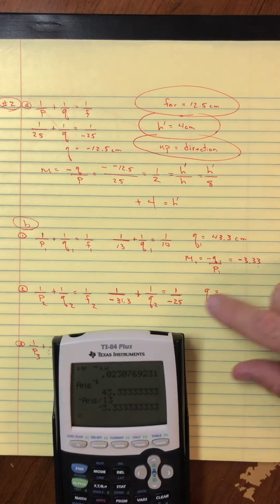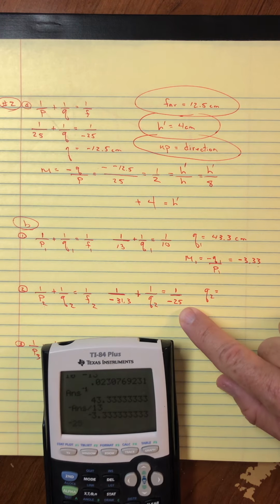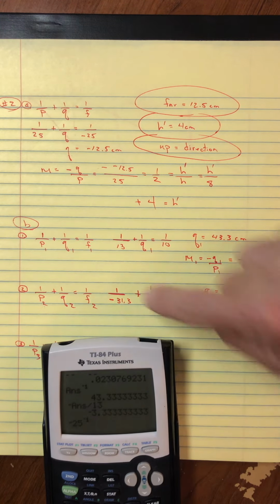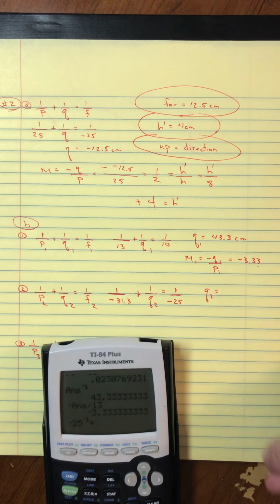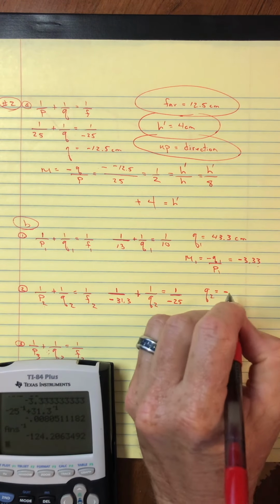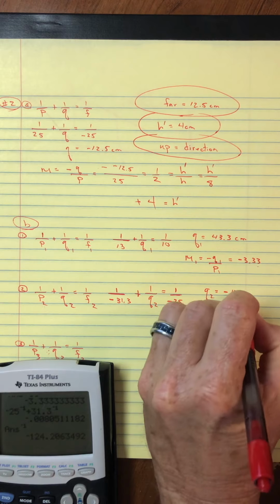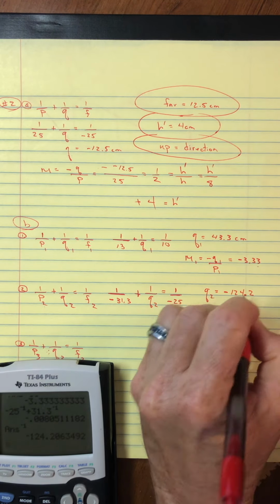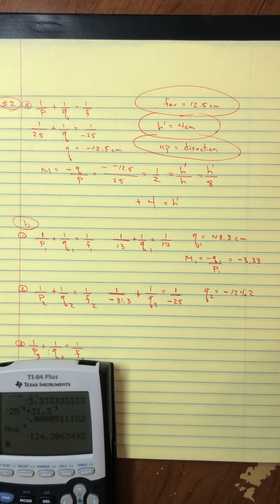All right, so grabbing my calculator, I guess I have a negative 25 reciprocal. Bringing this over makes it a plus 31.3 reciprocal. Hit enter, reciprocate that, and we're looking at a negative 124.2 centimeters. So it's a long distance away.